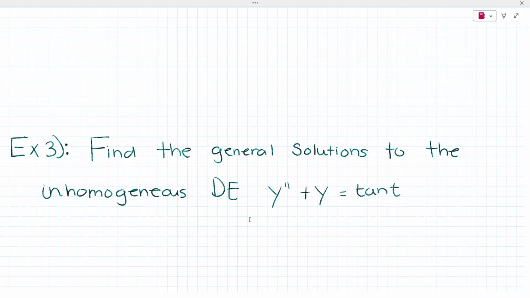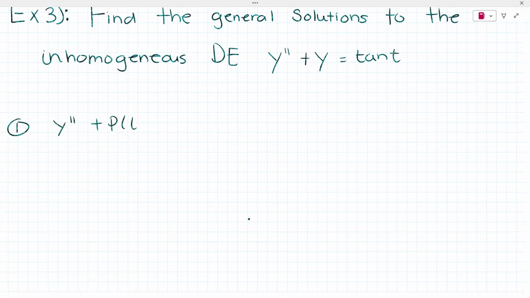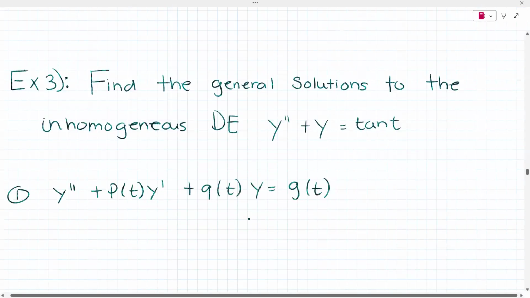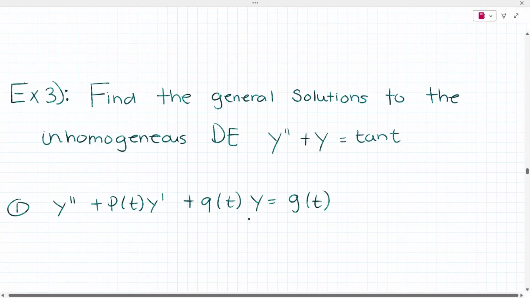So first step, put it in the general form. Step 1, put it in the general form of this: y double prime... Okay, did we have it in that form? Actually it does.